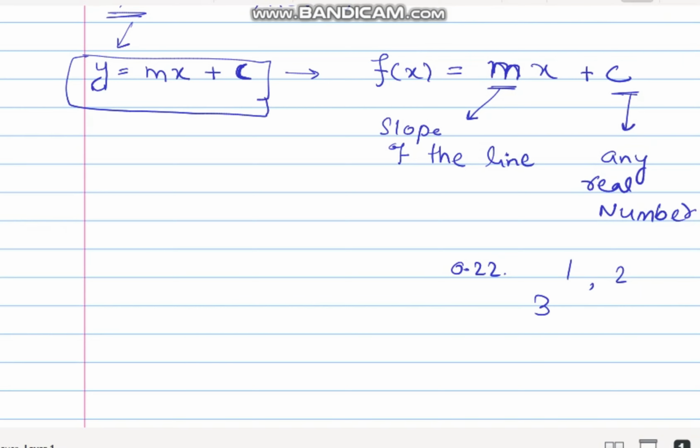All numbers you think about are real numbers, because until high school, in the middle classes, we only studied real numbers. 5 by 4, every number that comes to your mind is a real number. So don't be afraid of real numbers. c can be anything.